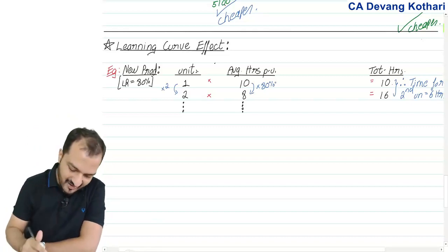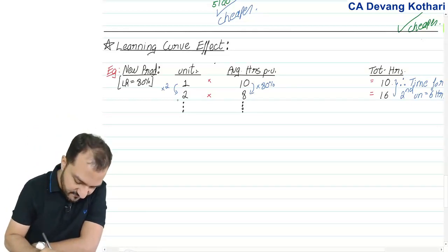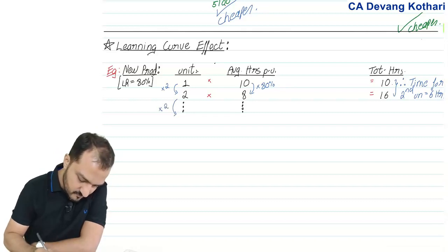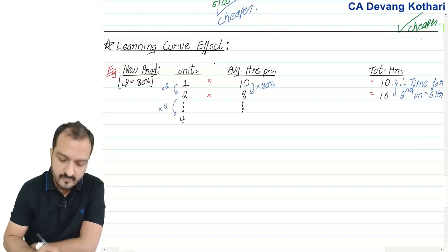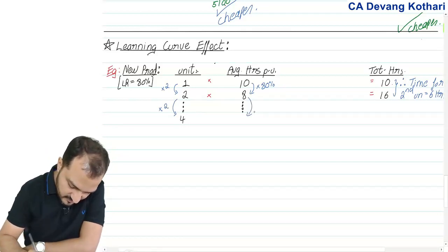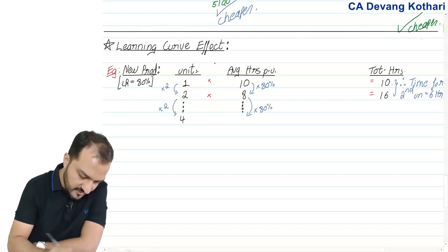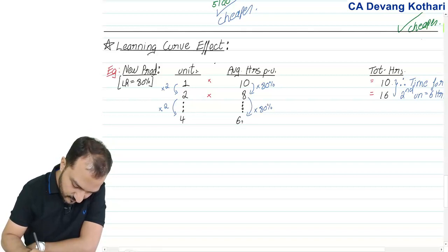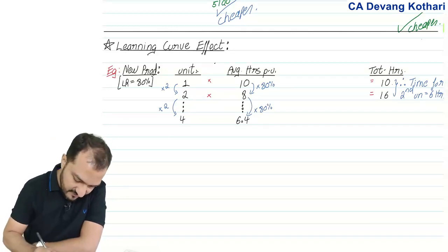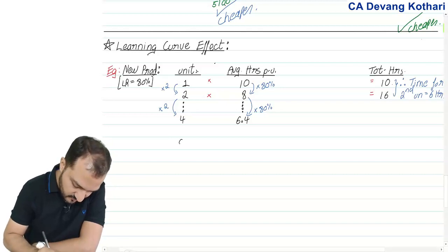Similarly, again, when the units double, let's say from 2 to 4, then the average hours will again become 80% of the previous. 80% of 8 is 6.4. Every time the units double, the average hours will become 80% of the previous.